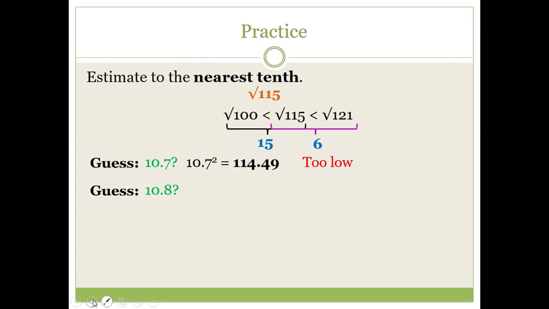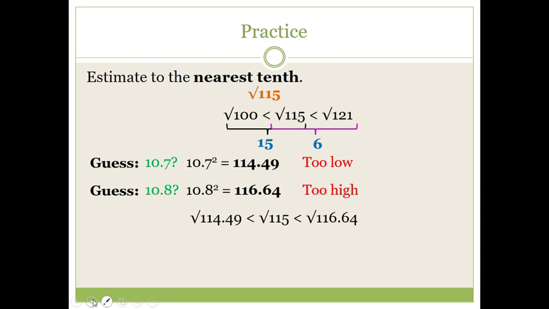So I guess 10.8, and 10.8 times 10.8 is 116.64. Again, we're trying to decide which one of those numbers is closest to 115. So we go ahead and subtract.